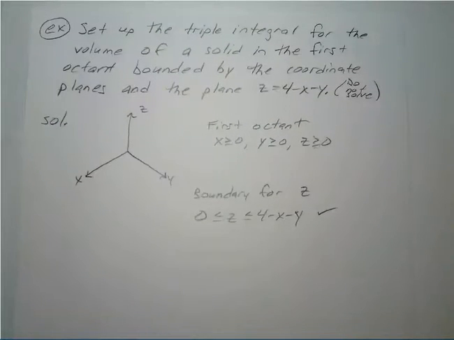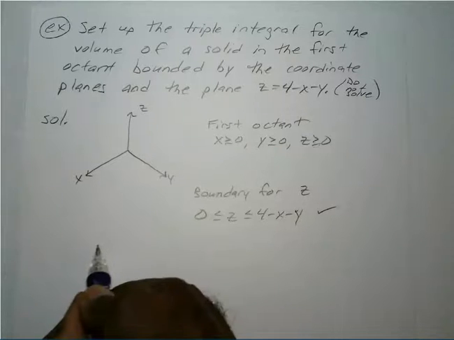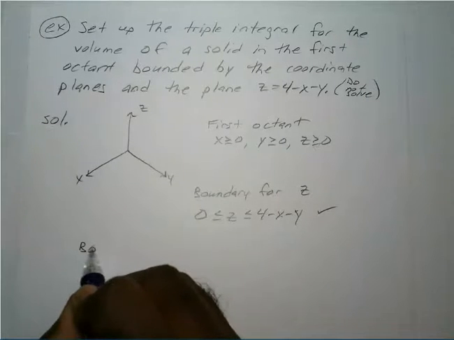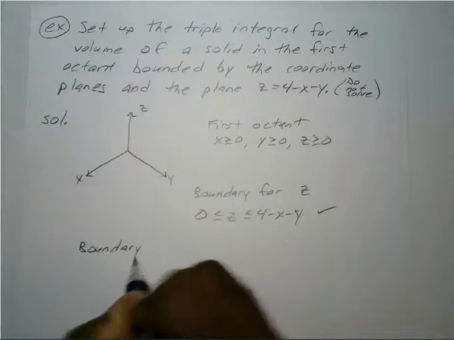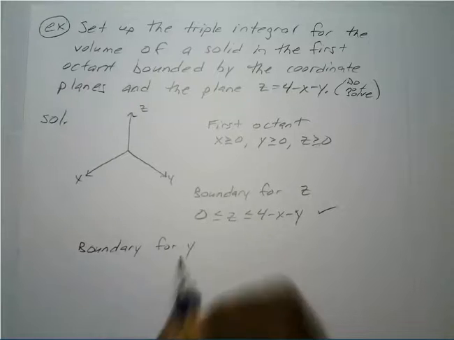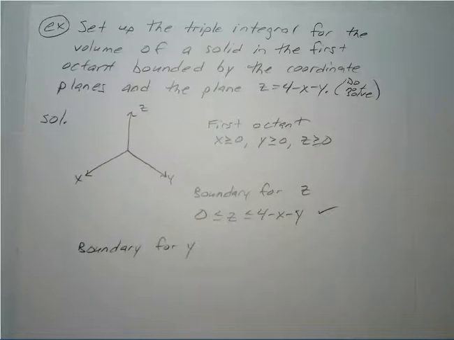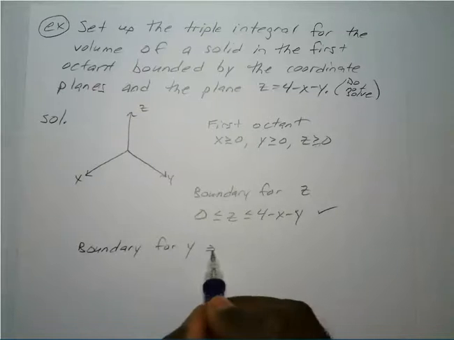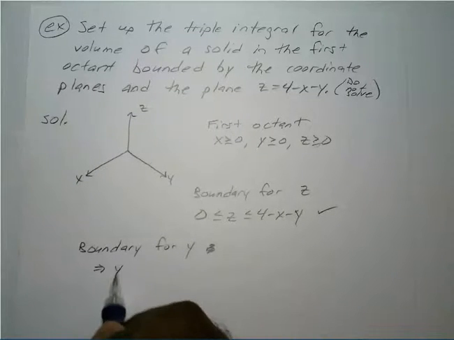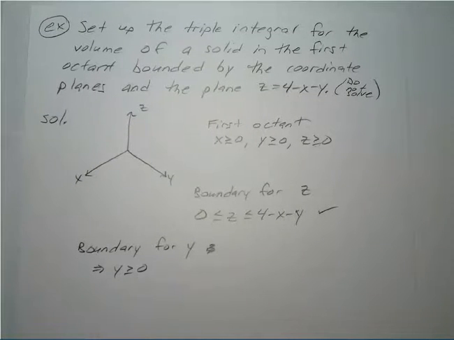Okay, so we have our boundary for z. Now we have to find the boundaries for y. We see here also that y is greater than or equal to 0.